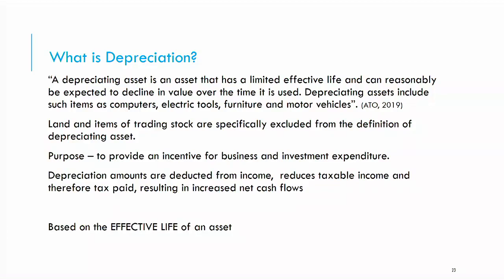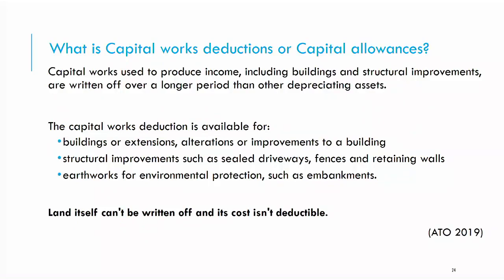So why can't we depreciate a building? We can, but we call it capital allowances. It's just a different naming; we still do the same thing. We call it capital works deductions or capital allowances.